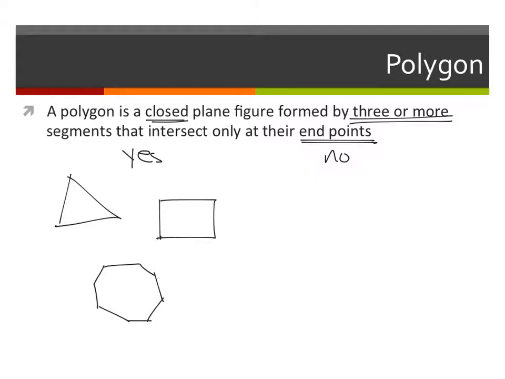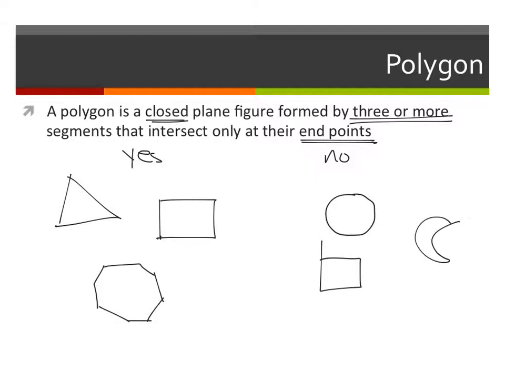These are some of the shapes that you might think are polygons, but not. A circle is not a polygon. Some weird shape like that is not a polygon. While it is closed, the segments are not intersecting at their endpoints. And even the moon, it's not segments, right?